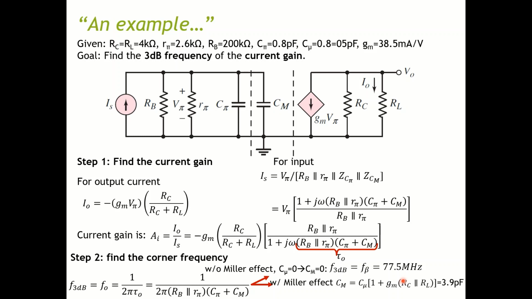Now, with the Miller effect, you can have Cm equal to C mu multiplied by 1 plus Gm times Rc parallel Rl, as we discussed before, and that Miller capacitance will be 3.9 picofarad.